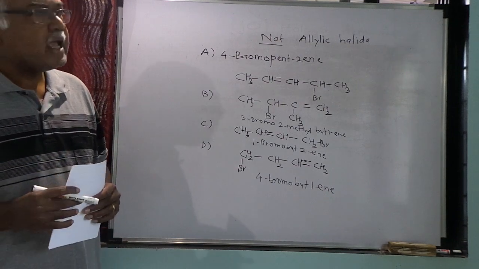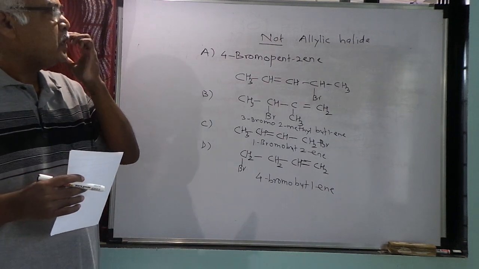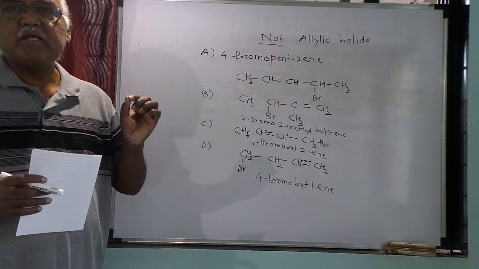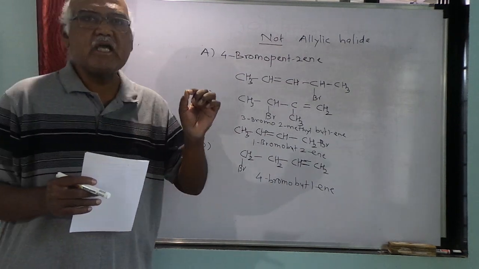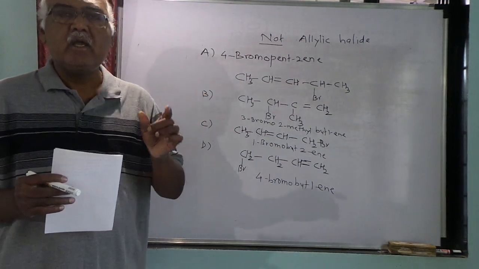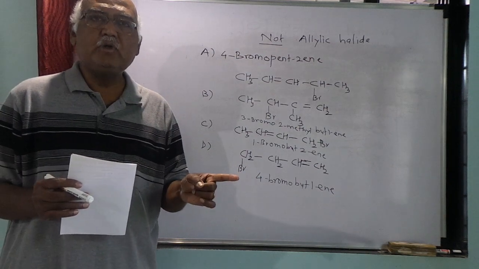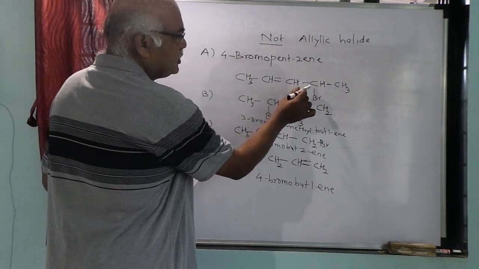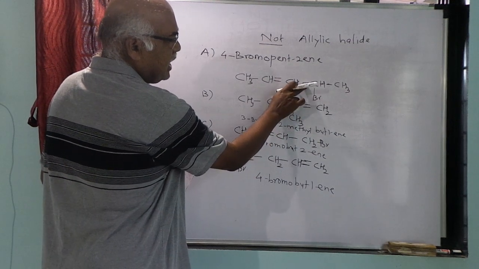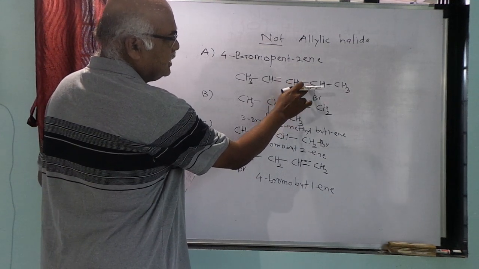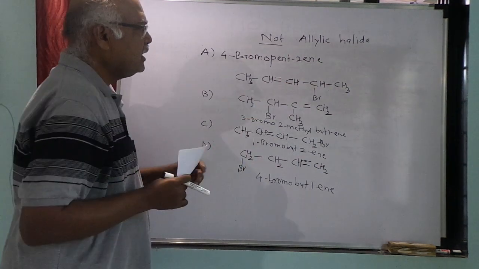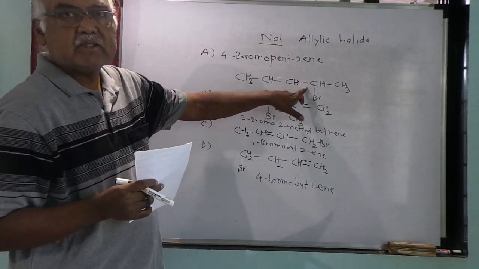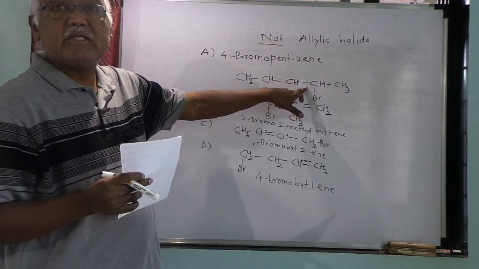You know, in allylic halide what is done? The halogen atom is present on the carbon which is sp3 hybridized, and which is nearer to the sp2 hybridized carbon. Now in this particular example the halogen atom Br is over here, and this particular carbon is sp3 hybridized, and the next carbon should be sp2 hybridized.